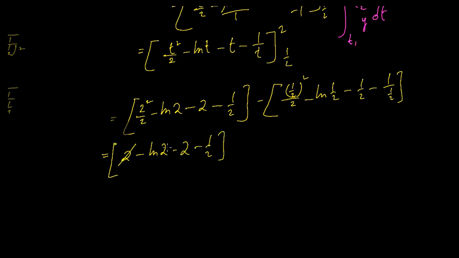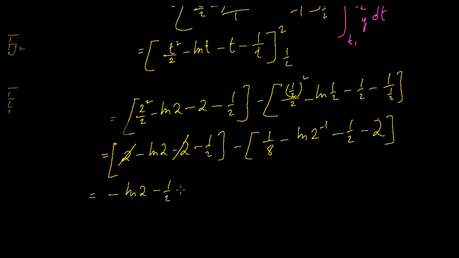So this 2 and this 2 cancel, minus 1 by 4 divided by 2 is 1 by 8. If I bring this 2 upstairs, it will be ln 2 to the power minus 1. If I bring this upstairs, minus 1 by 2 minus 1 by 1 by 2 is 2. So this would be minus ln 2 minus half minus, now this is 1 by 8.